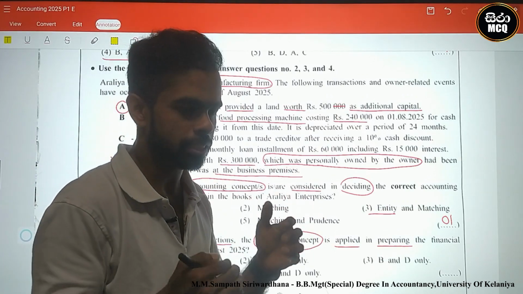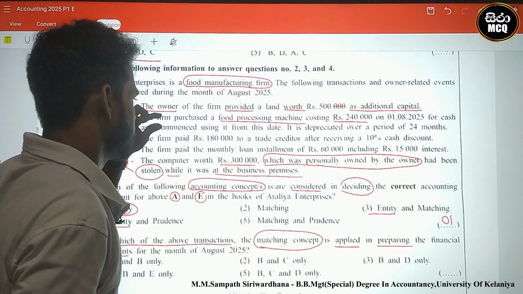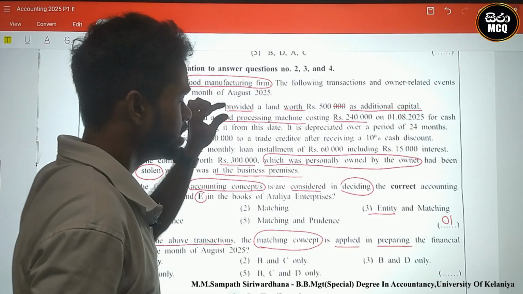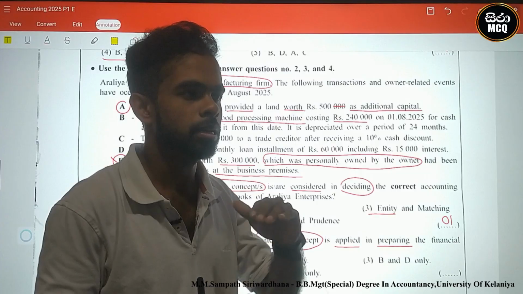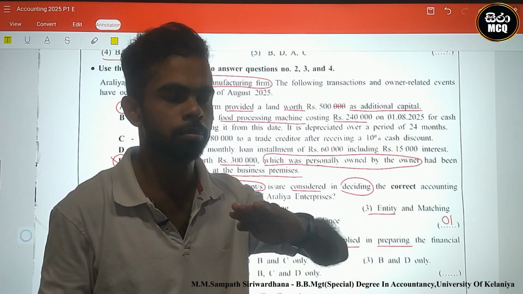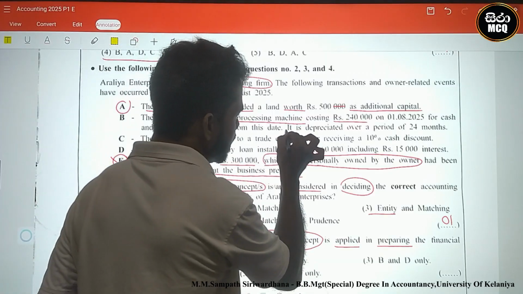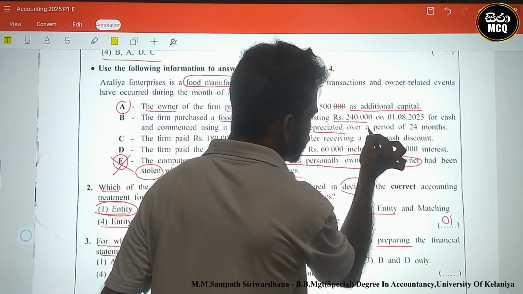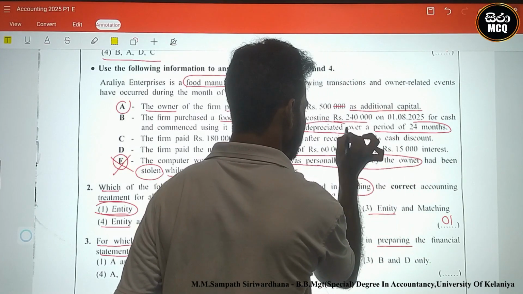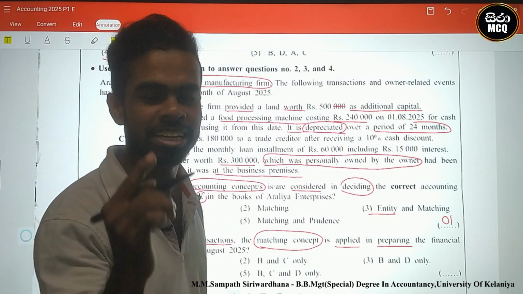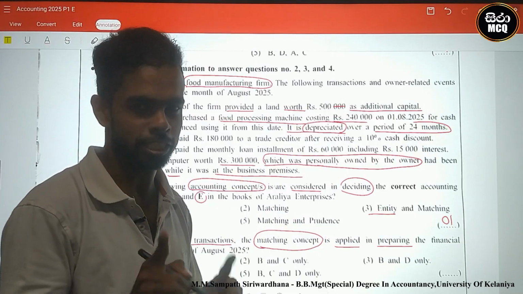This is a non-current asset. This one is not itself an expense. Why? Purchase of the machine: cash credit, machine debit. Machine is an asset. Now we find the expenses. It is depreciated over a period of 24 months. Depreciation is an expense, so B is expense related.